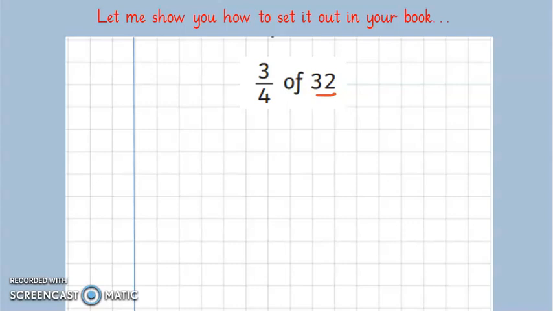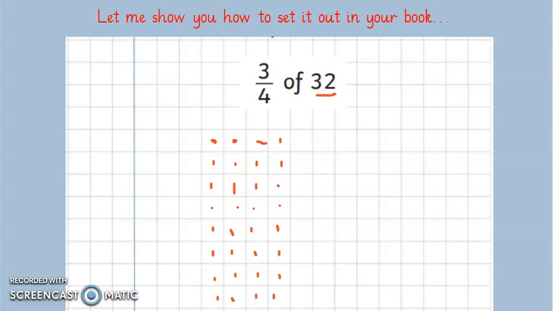And I'm going to count as I go so I don't get confused. 1, 2, 3, 4, 5, 6, 7, 8, 9, 10, 11, 12, 13, 14, 15, 16, 17, 18, 19, 20, 21, 22, 23, 24, 25, 26, 27, 28, 29, 30, 31, 32.